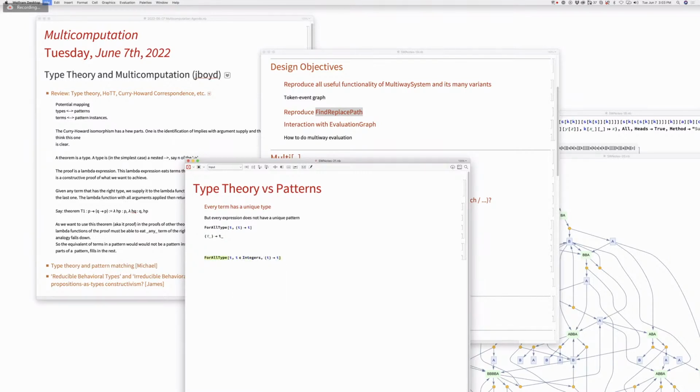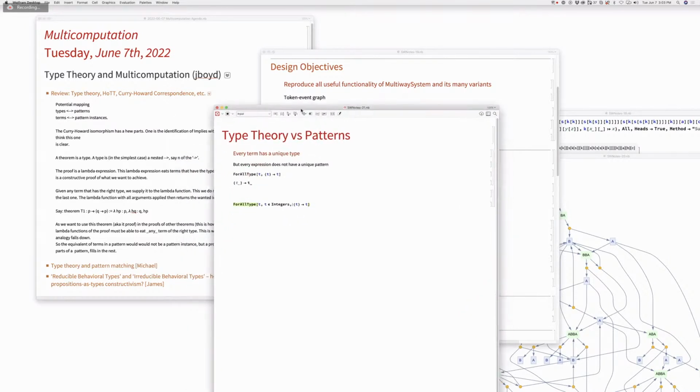Okay, so hold on. Let's try to understand. Can we see what consequences it has for the Curry-Howard correspondence, homotopy type theory, all these kinds of consequences? Can we talk through how those work and how they relate to the idea of types as patterns?